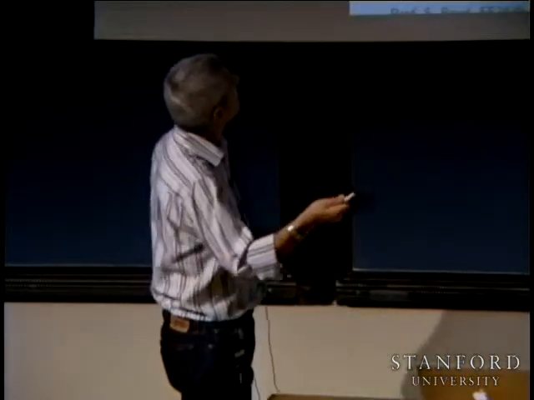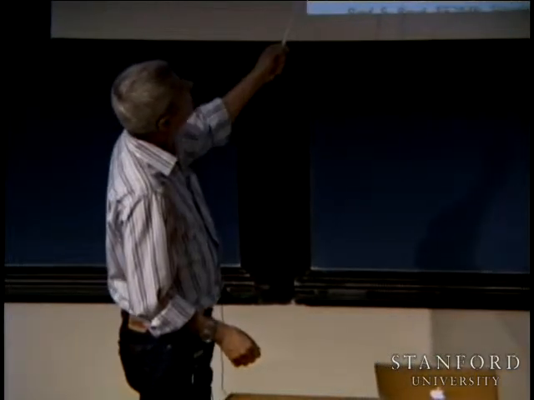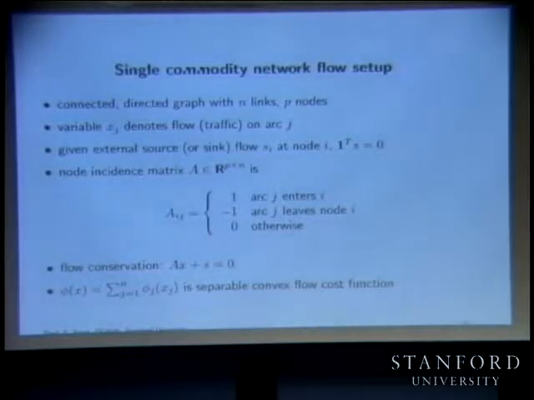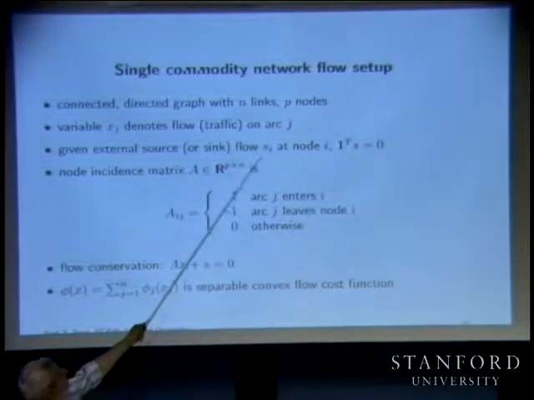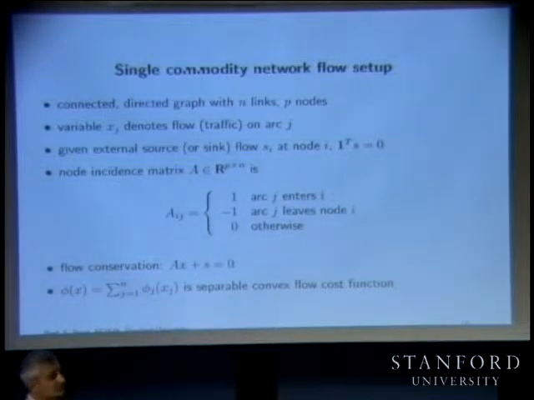Okay. What you're given is an external source or sink flow at each node. And the sum of the external source or sink flows is going to be 0. We'll see in a minute that it has to be. And we'll have a node incidence matrix, which is the graph incidence matrix. It just tells you which edges go into and out of each node.